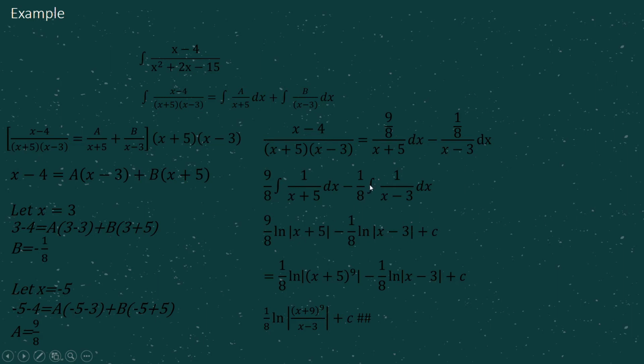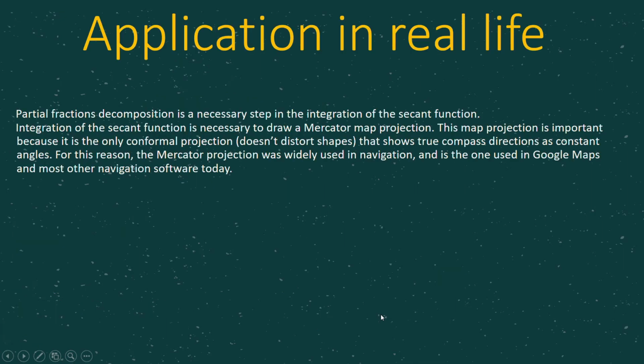Meanwhile, the integration of 1 over s minus 3 is ln of s minus 3. Then we must simplify the answer, and we get 1 over 8 ln of (s plus 9) to the power of 9 over (s minus 3), plus C, where C is the constant of integration.